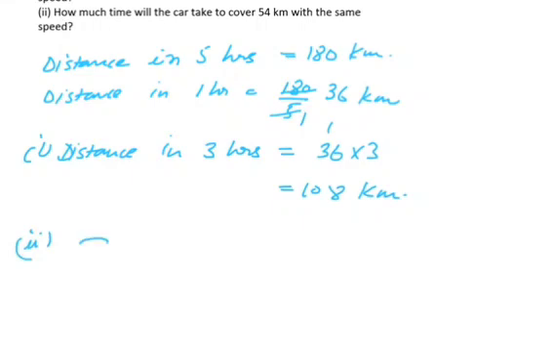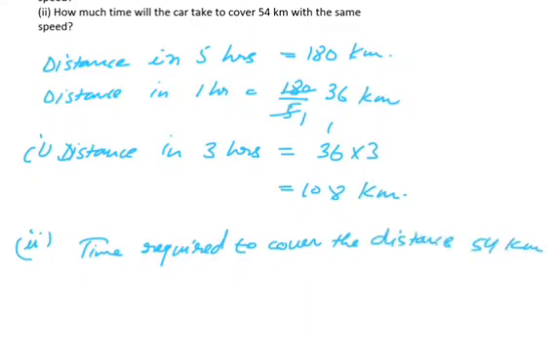So time required to cover the distance of 54 kilometers: you cover 36 kilometers in 1 hour. So if you have to go 54 kilometers, then divide 54 by 36. So 54 by 36 is what?